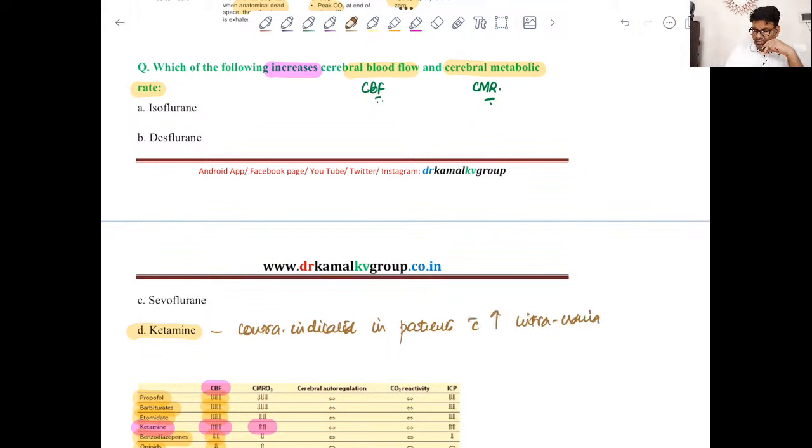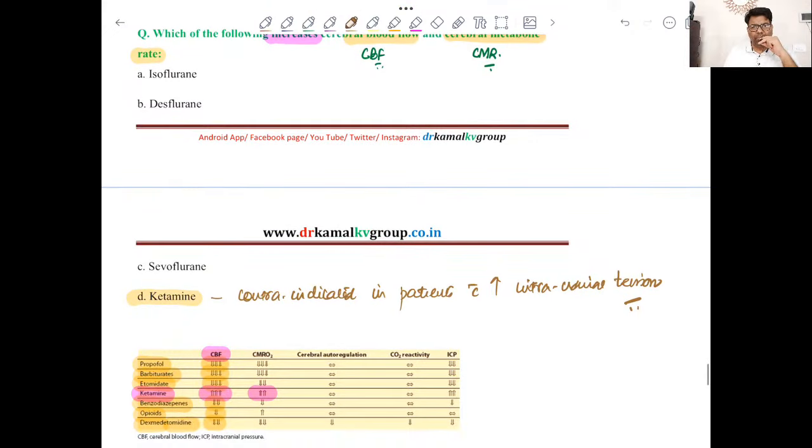So never use ketamine if somebody is having hemorrhage, abscess, or any space occupying lesion. Don't give ketamine in such cases, because the intracranial pressure is already raised and you would cause unnecessary trouble, right? Because it has a tendency to increase the intracranial pressure, right?